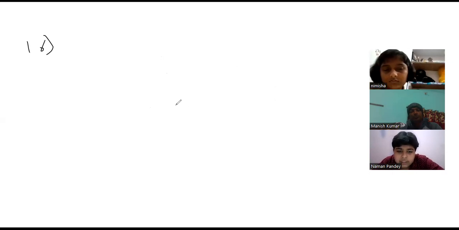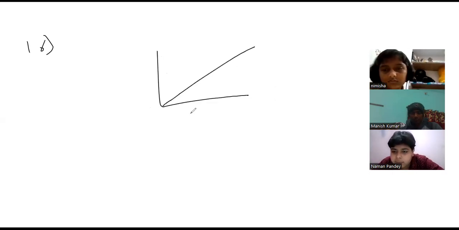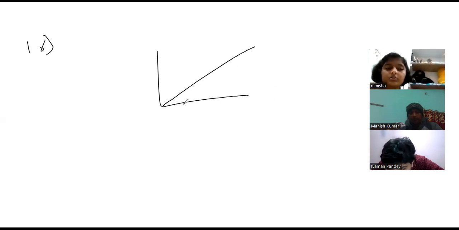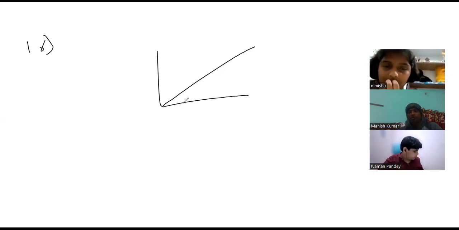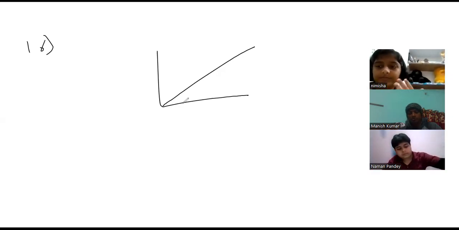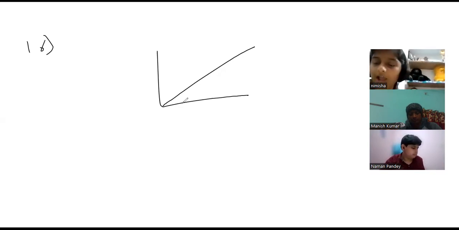An object traveling with the same speed. Constant speed, isn't it? Means it is not changing its speed.